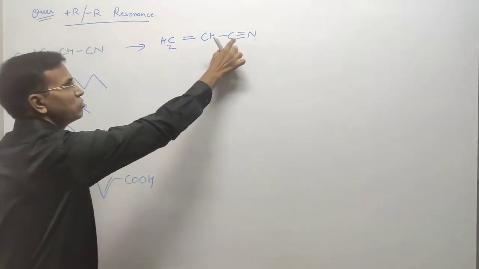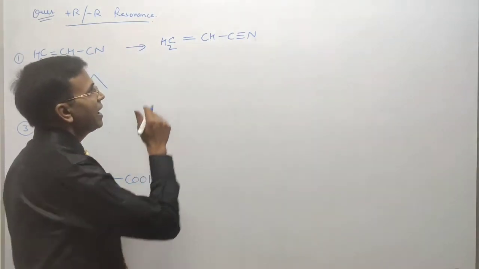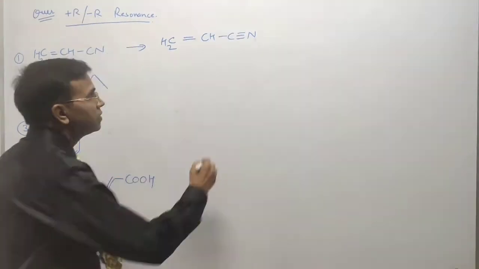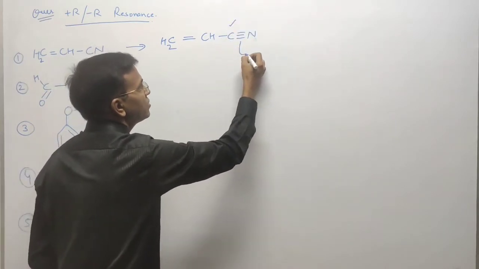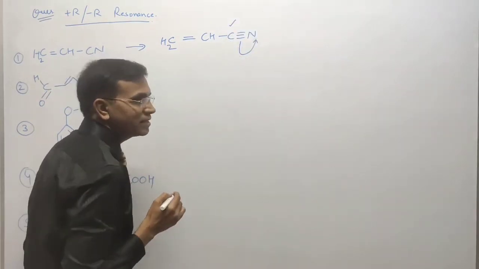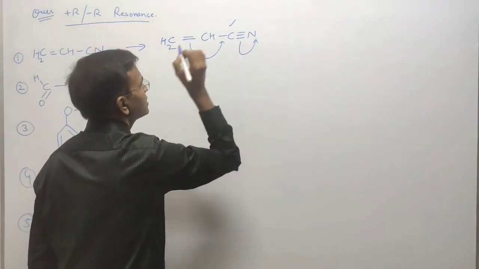Here are the pi electrons, sigma and pi electrons. The conjugation is present and this is the atom attached. In this, nitrogen attracts the electrons and these pi electrons come this side.